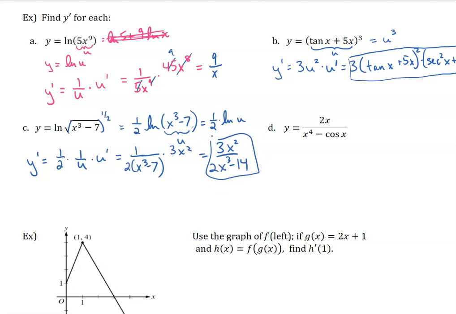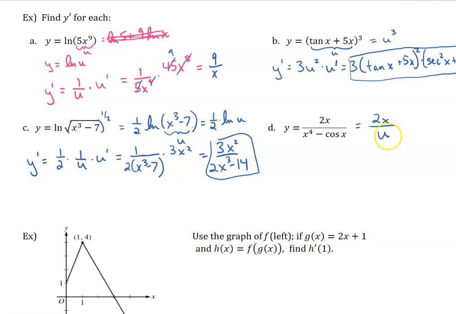Okay, for this next one, we have a quotient rule. Now, within the quotient rule, when we take the derivative of the denominator, we are going to have to use the chain rule, okay? So, I'm going to write this as, leaving the 2x there, 2x over u, okay?